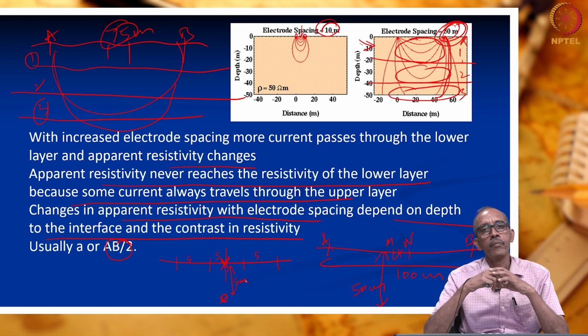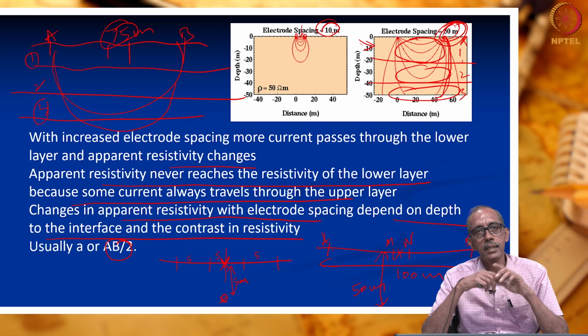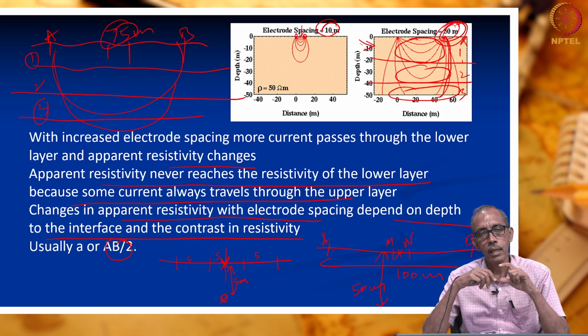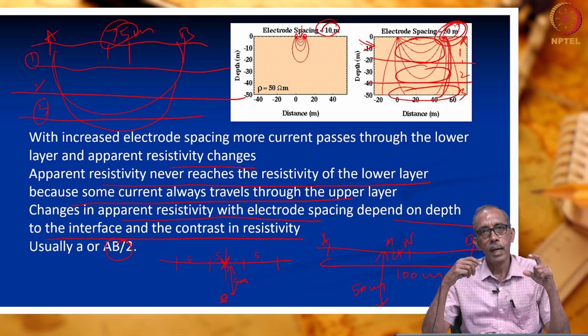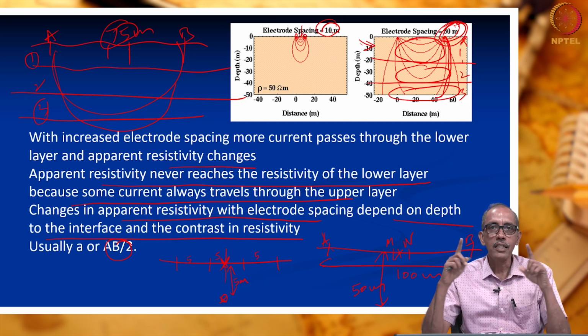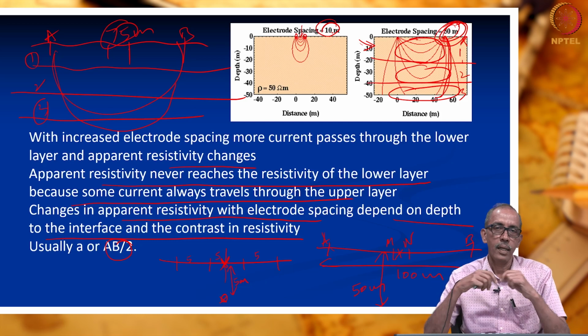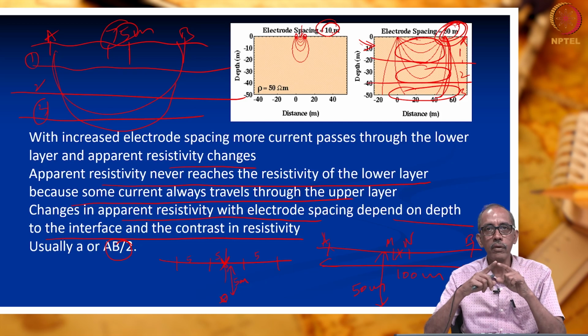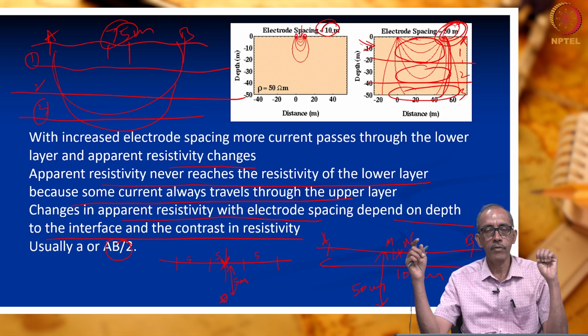So, now we have understood the relation between the contrast in resistivity values of different layers below the surface, and the relation between the apparent resistivity which we measure and the distance between the electrodes. Thirdly, we had also seen the location of our investigation is the center point of the electrode spread. So, 3 things we have learned.